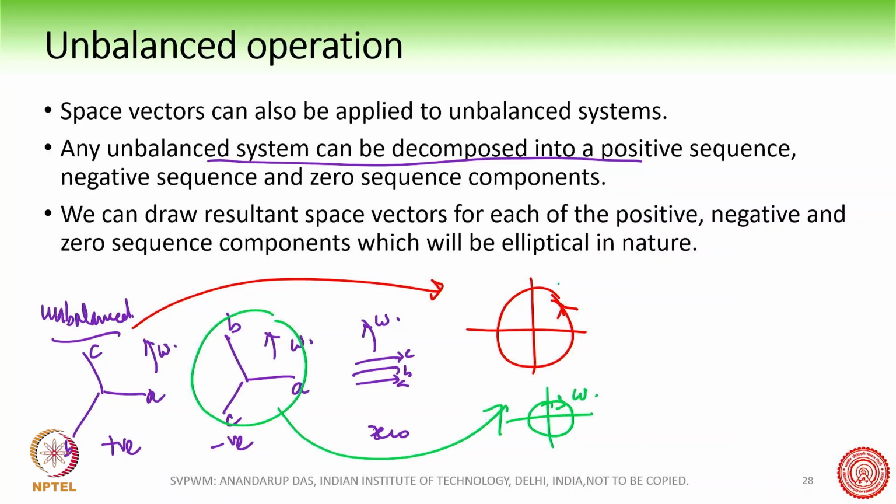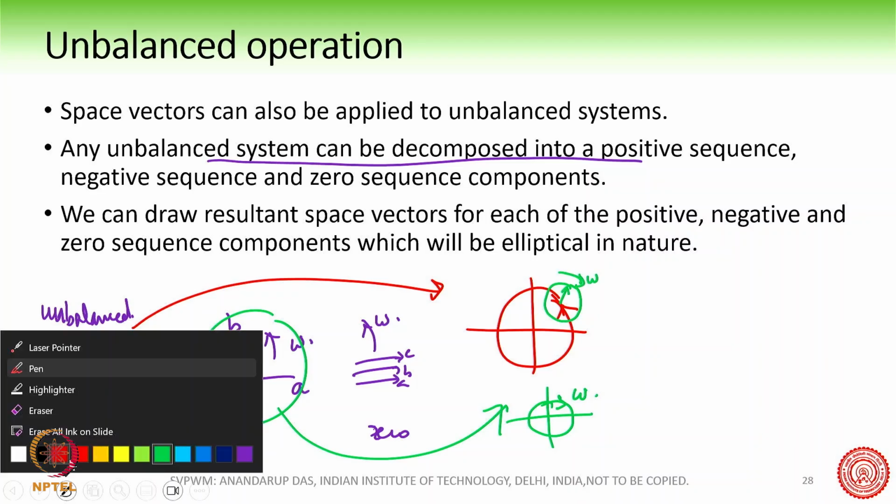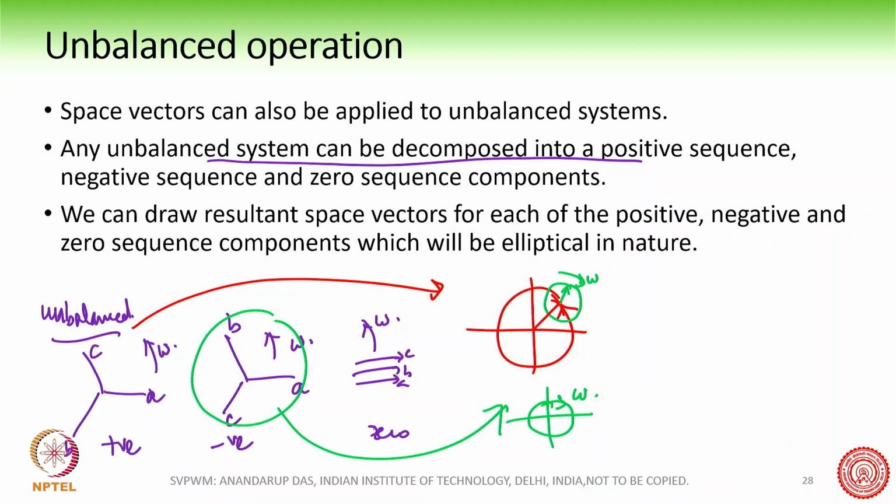So when you add these two, you have this vector rotating in this way, and this vector rotating in this way. There are two space vectors, one due to positive sequence and one due to negative sequence. And what is the resultant? If you go on doing that, you will see that the resultant space vector is something like this.